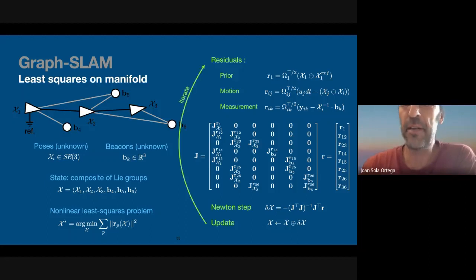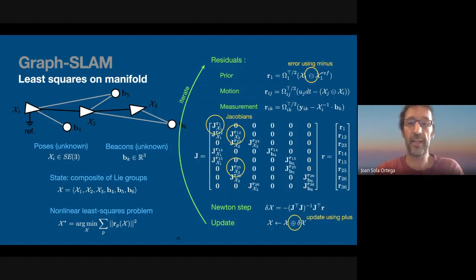And this you iterate until the residual gets very small, and then you finish. Okay. Important again here is that we use plus and minus everywhere that is necessary, and that the Jacobians are computed following the guidelines of Lie theory.